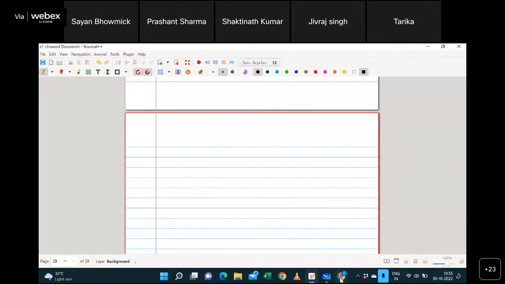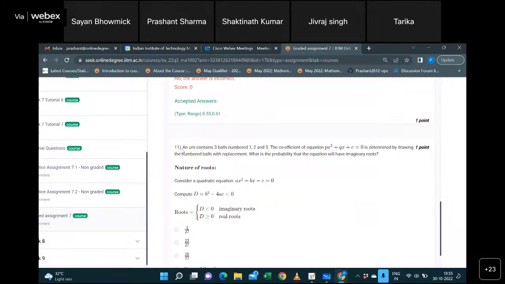Okay, let me do it. The question says an urn contains three balls numbered 1, 2, and 3, right? The coefficients of the equation px square plus qx plus c equal to 0 are determined by drawing the numbered balls with replacement. What is the probability that the equation will have imaginary roots?